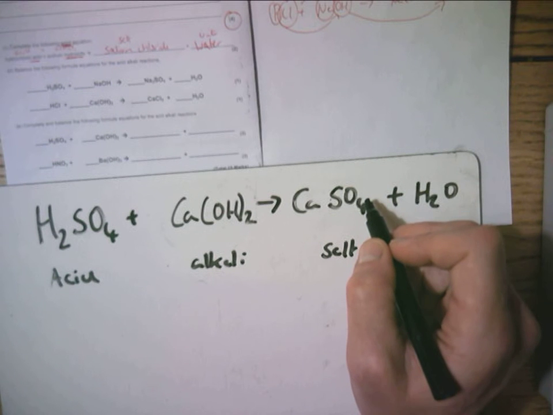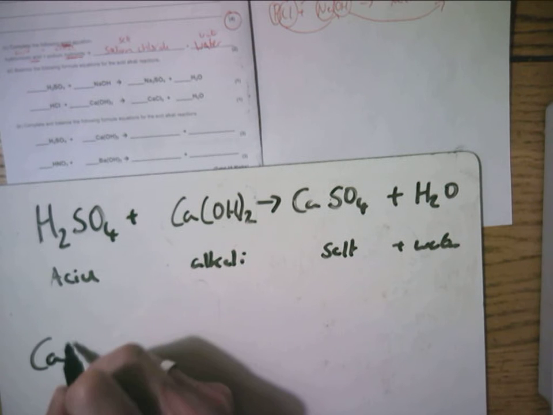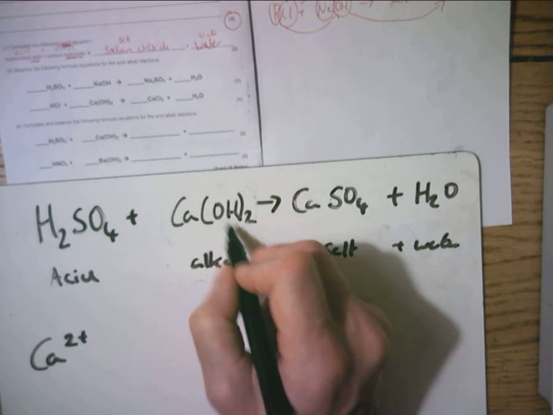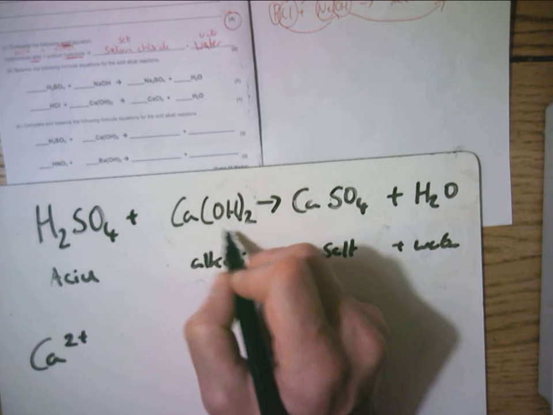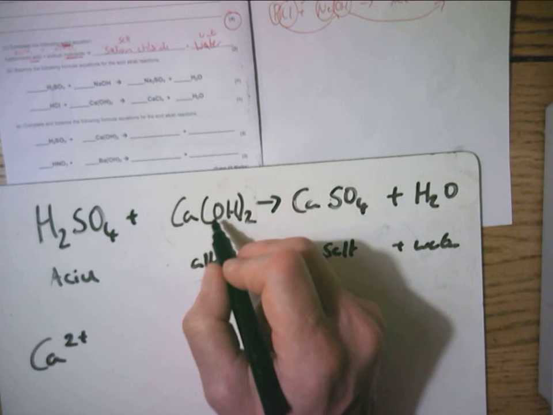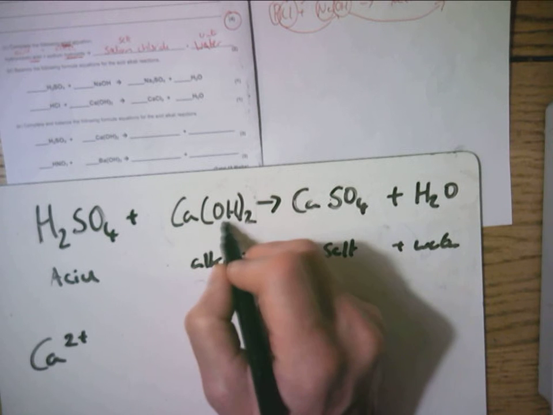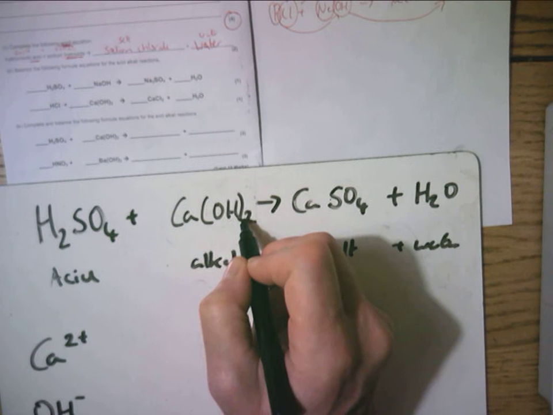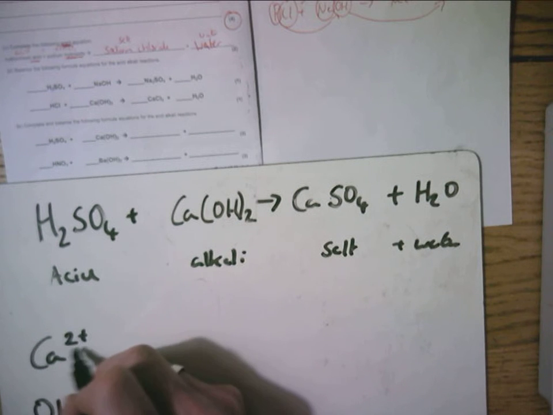So you could either have remembered that calcium is a 2+ ion, or you could have worked it out from this, because you know that OH minus, the hydroxide ion, is a single charged ion. And you can see the formula here is Ca(OH)2. So calcium needed 2 OH minus ions to cancel it out. So if it needs 2 OH minus, it must be Ca2+.